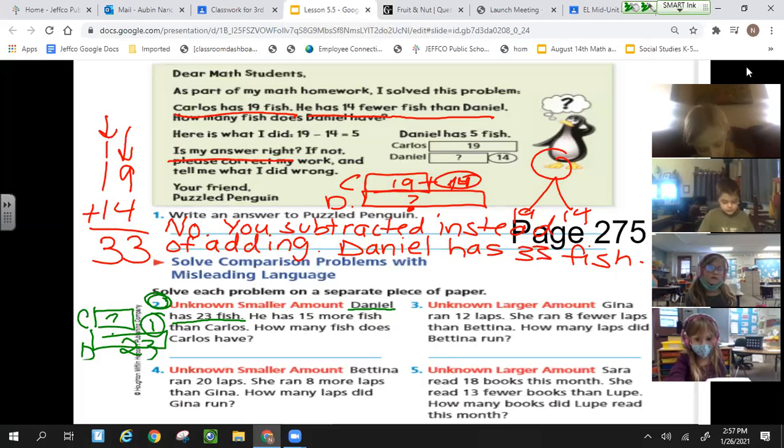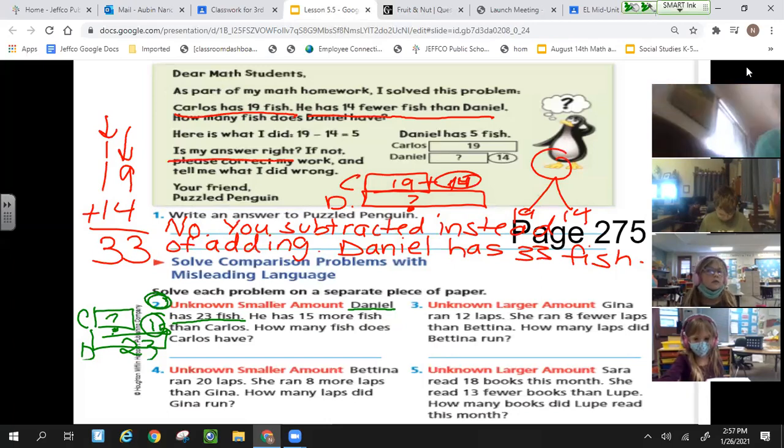We know that that's 15 more than Carlos. So, how are we going to figure out how many fish Carlos has? How are we going to do that? Paxton, find the answer.